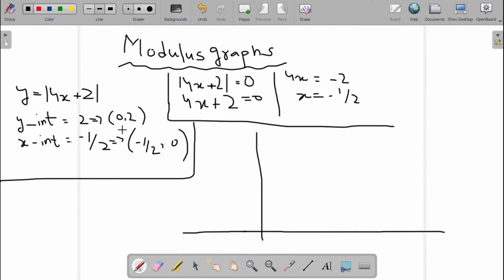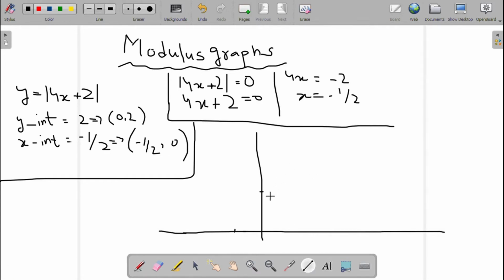First we will mark the y-intercept point. Let's say it is here, (0, 2). Another point, let's say it is something here, (negative half, 0).